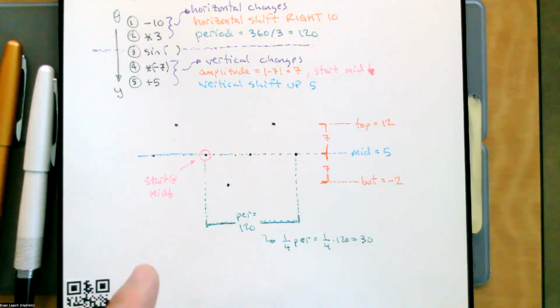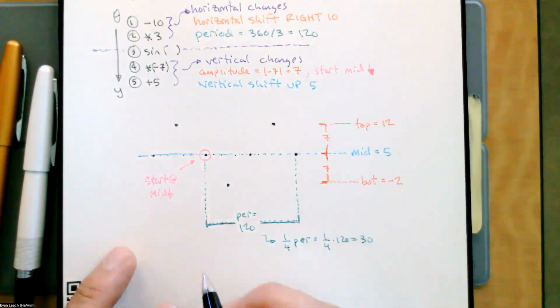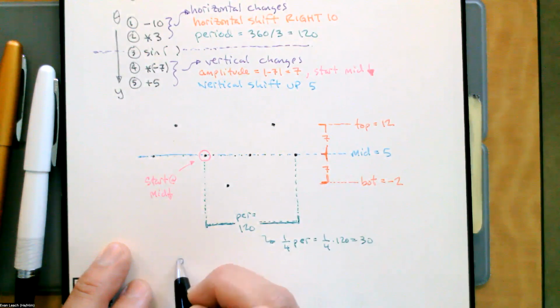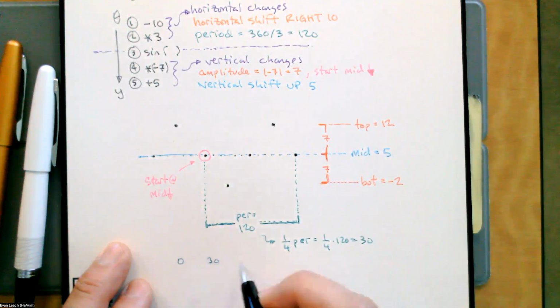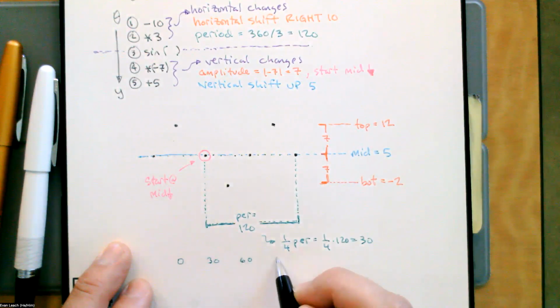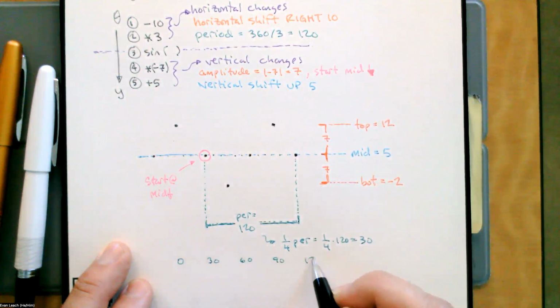Normally, that would mean these points are at 0, 30, 60, 90, 120.